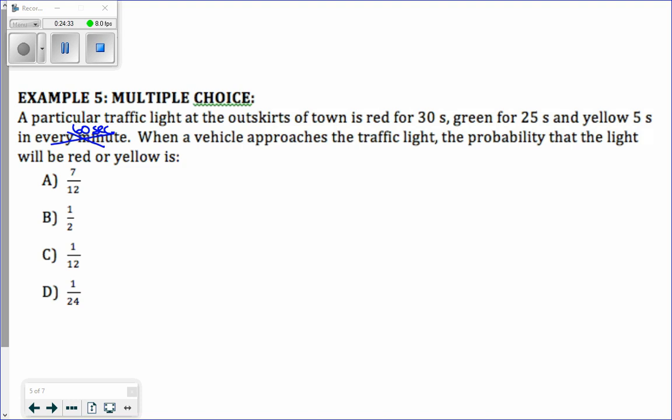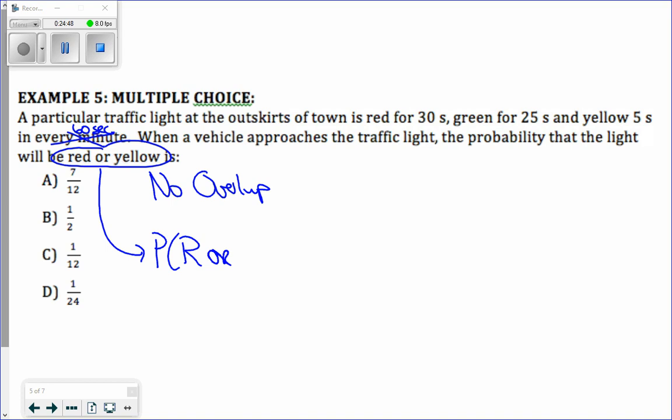So are these mutually exclusive or not mutually exclusive? In other words, does this have any overlap? No, there's no overlap. It's impossible for the light to be red and yellow at the same time. So when it says red or yellow, all I do is just use the formula.